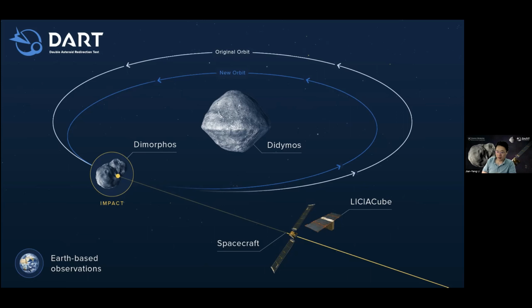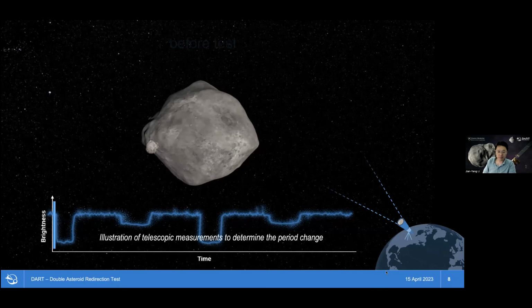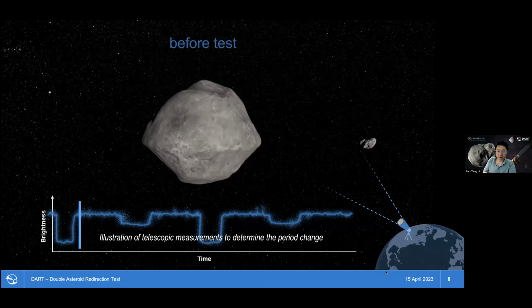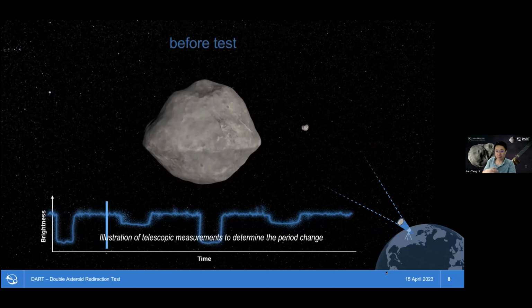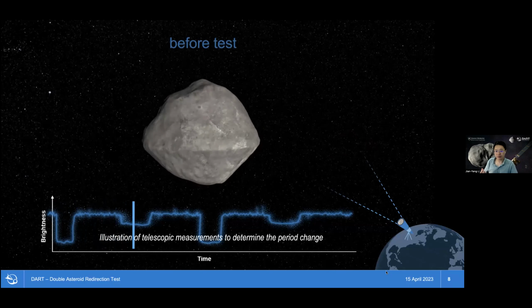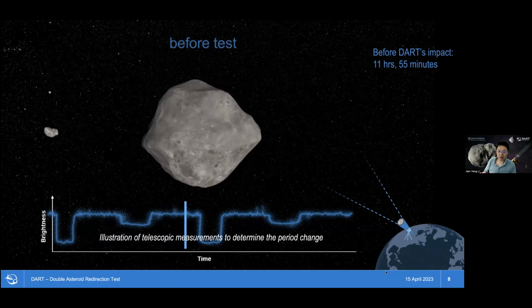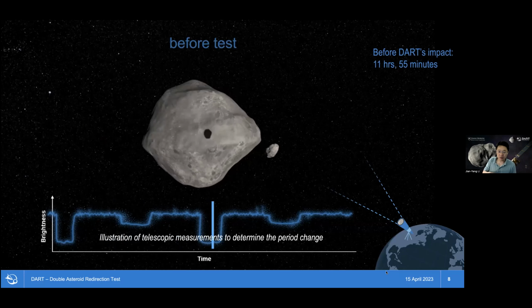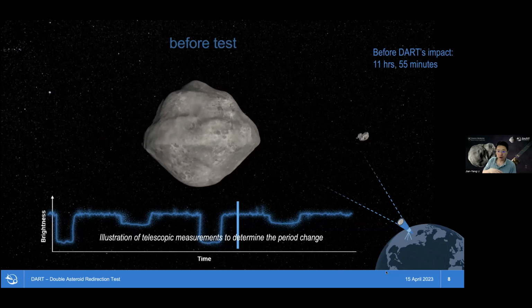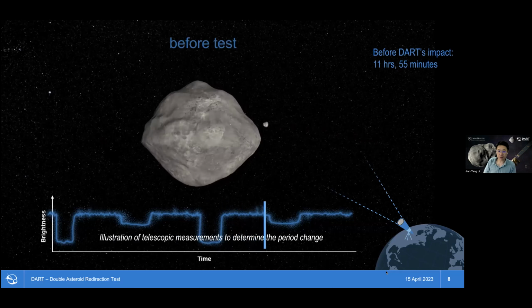Right. There's another reason that we are hitting this particular target. The other reason is related to the measurement, how we can measure the orbital period change of this double asteroid system. That is because for this particular target, at some particular time, when the mutual geometry of the Earth, the asteroid and the sun is at the right position, the Earth is close to the orbital plane of the moon of this double asteroid.